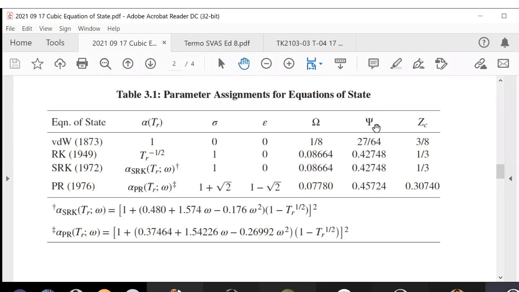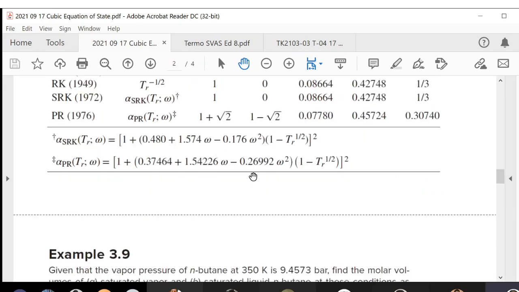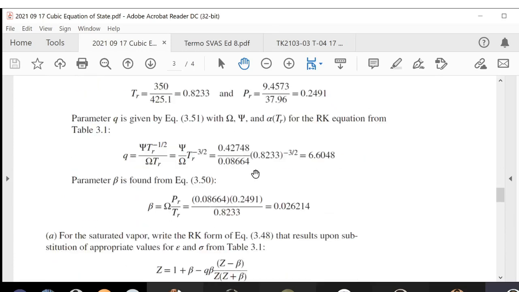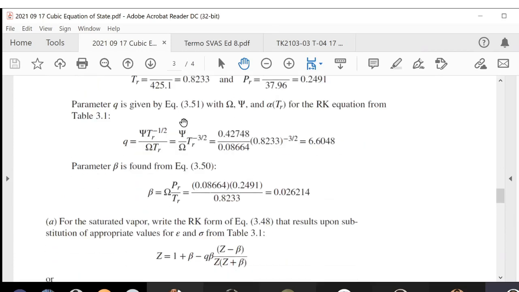Okay, let's check the psi first. What is in Redlich-Kwong? It is 0.4 something. What is the omega? It is 0.08. Okay, now we go back over here. This is psi. This is 0.4. This is omega. This is 0.08.